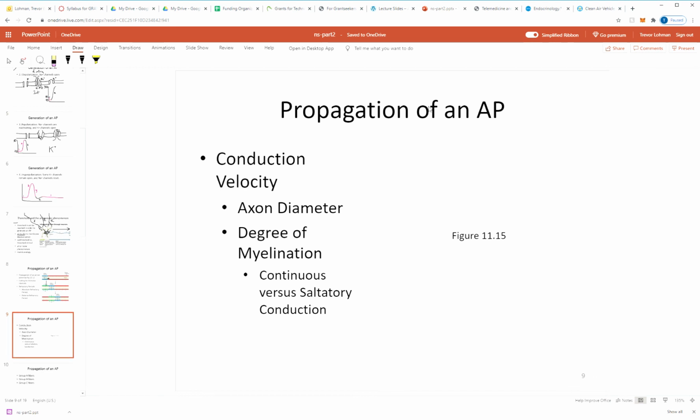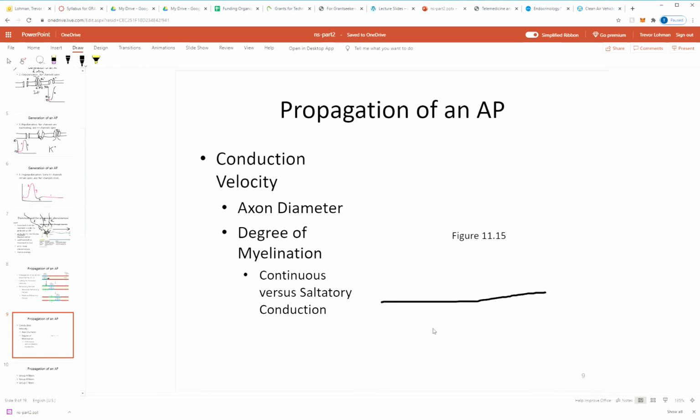Okay, what influences propagation of an action potential? Well, what influences conduction velocity of an action potential? Axon diameter does. The larger the diameter of the axon, the more quickly the action potential will move. Also the degree of myelination.